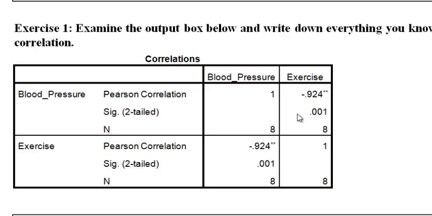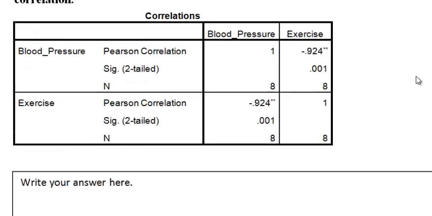And so it's deemed as statistically significant. We also see that there were only 8 subjects that were used to run this correlation. So those would be the things that you should have in your answer box: that we got a negative correlation, the correlation is high, and it's statistically significant.